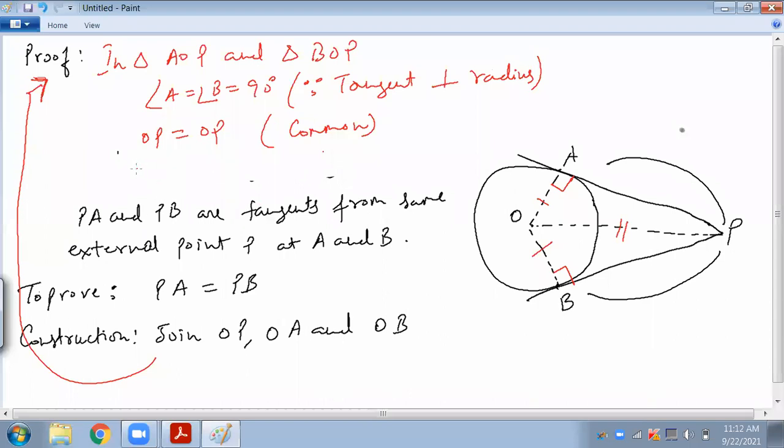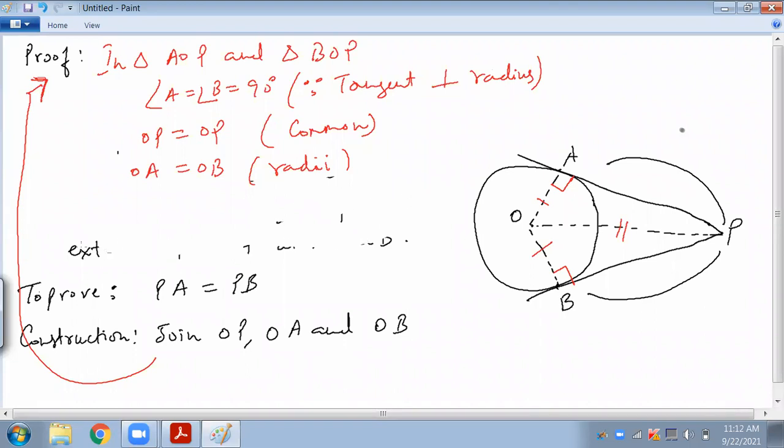And again, we have OA equal to OB. Why are they equal? They are both radii of the same circle. Radii of the same circle are equal. Plural of radius is radii. So they are radii of the same circle.